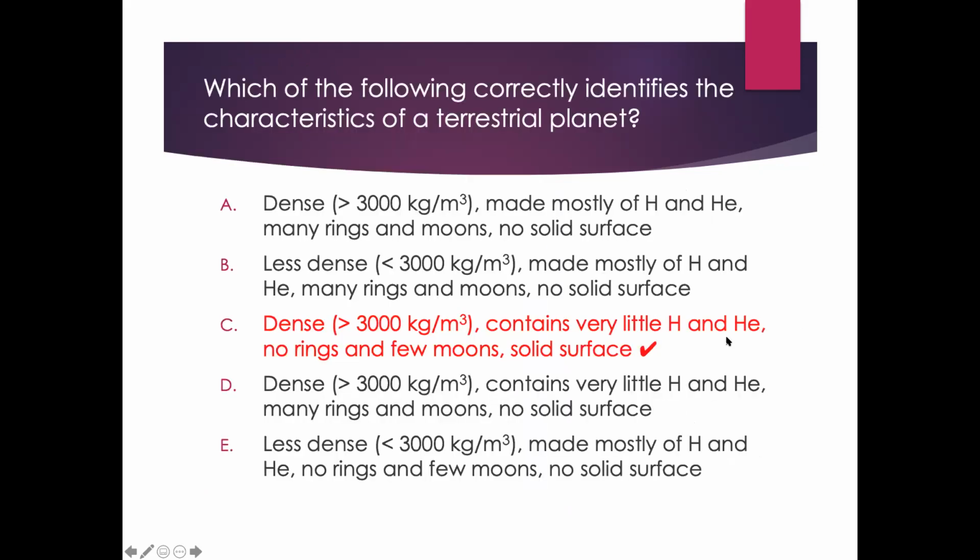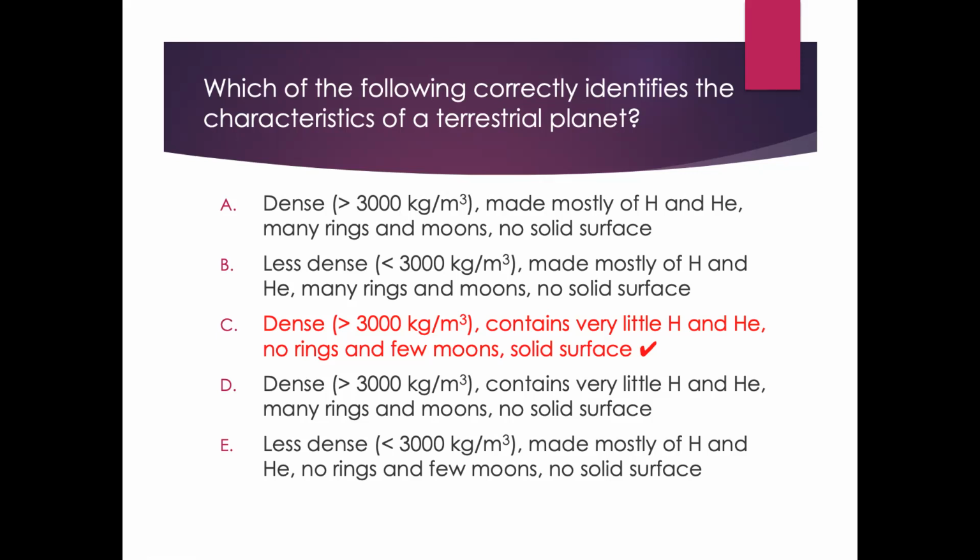Right? And I know that I already blocked this off, but which of the following correctly identifies characteristics of a terrestrial planet? Well, terrestrial planets are very dense because they're so rocky. Those rocky materials are very, very dense materials. They also contain very little hydrogen and helium gas.